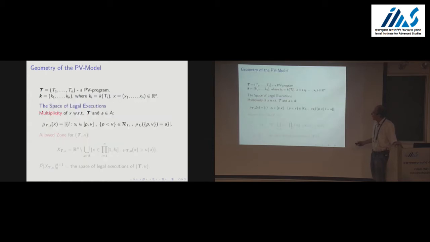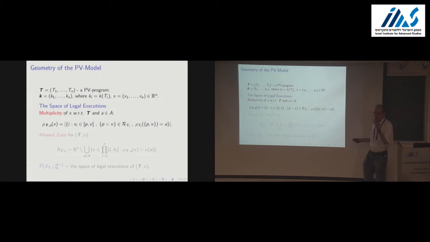Okay, now once we have this partition, we look at the PV program, T1 to Tn, and say Ti has length Ki, and we look at the space of legal executions. So what is the space of legal executions?